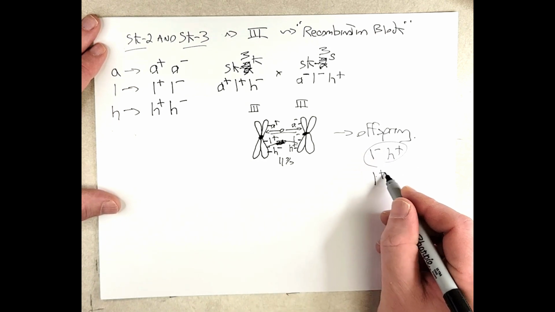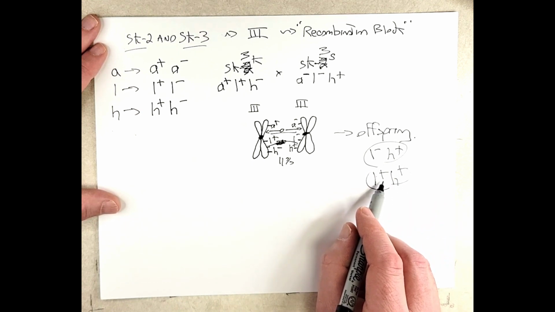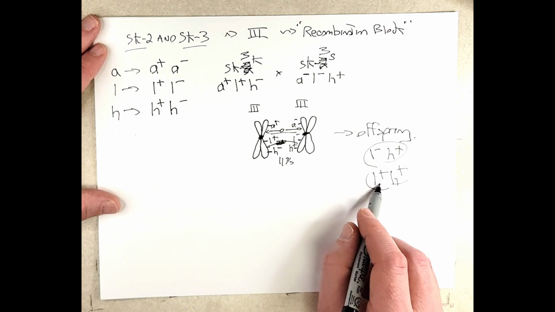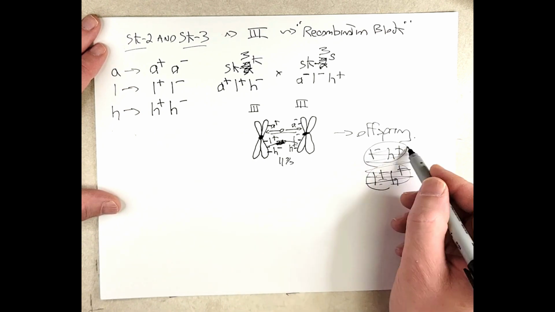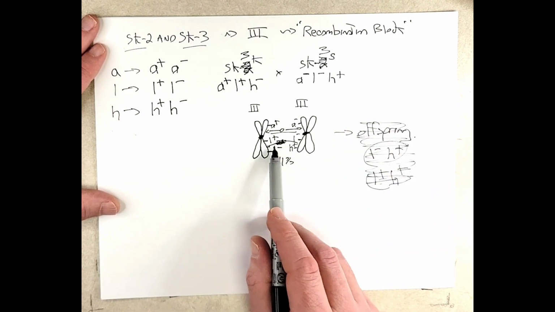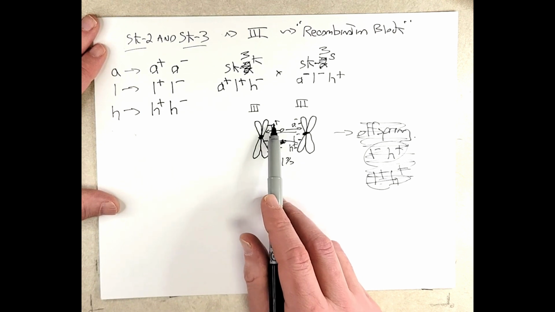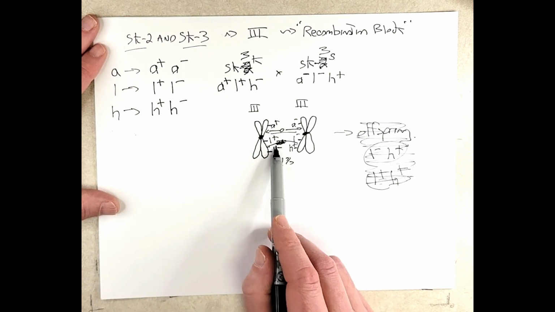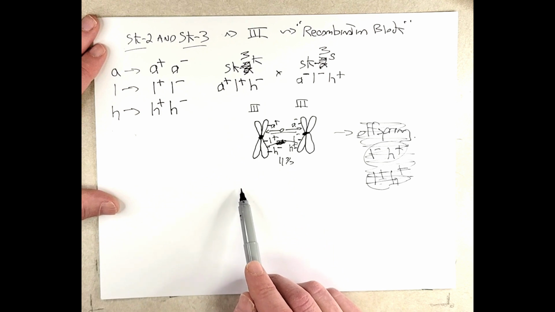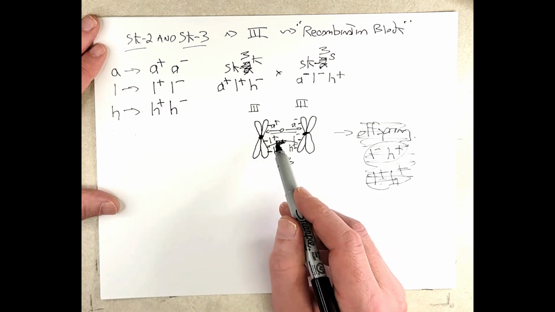If it's L plus and H plus, oh, then we must have had a crossover during the meiotic event that led to this offspring right here. So essentially what they do is they collect offspring and look at the phenotypes and determine the percentage of crossing over that must have happened between each pair of these 3 genes. Okay, so again, they didn't see crossing over between A and L.